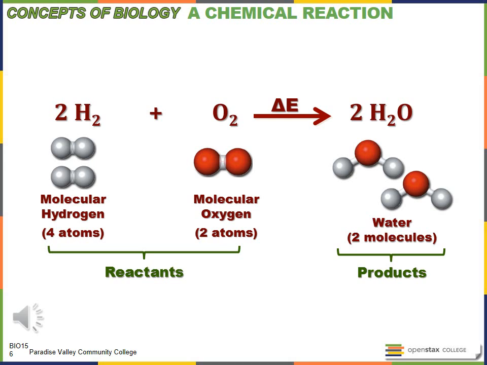The triangle before the E above the arrow there, the triangle means a change. Okay, it's a mathematical symbol, and so we use it a lot in chemistry and physics and science of all kinds. So we've got the change in energy combining with the hydrogen and the oxygen to make two water molecules.